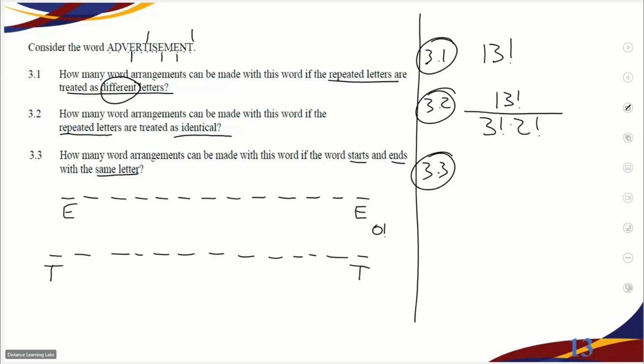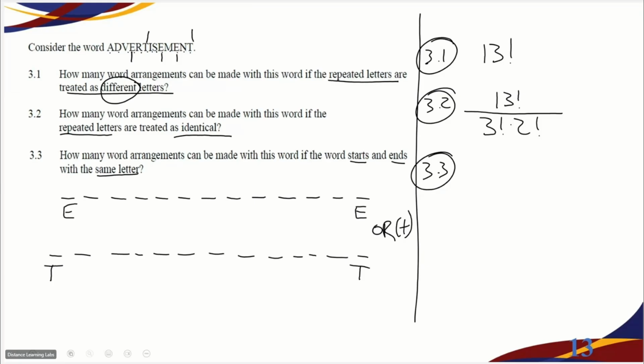Meaning it's either going to start and end with letter E or start and end with letter T. In probability, that means we are going to add the 2 possibilities: the possibility of starting and ending with E, added to the possibility of starting and ending with T.